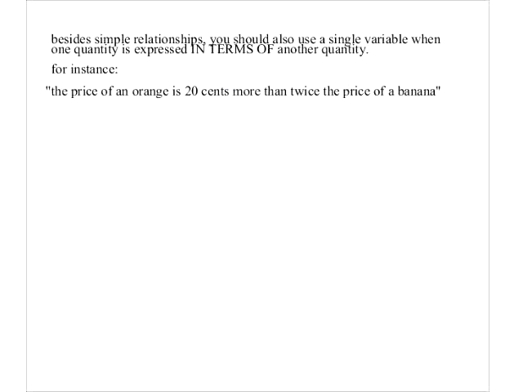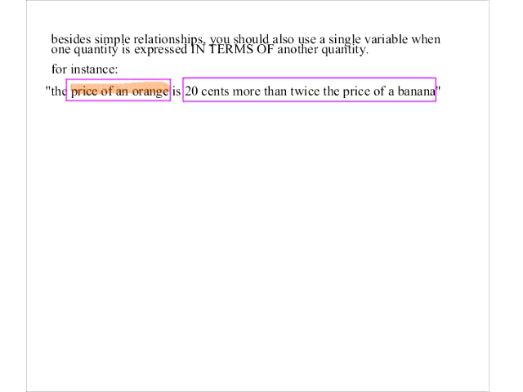So the price of an orange is one side of this equation, and the price of a banana is the other side of this equation. I'm going to introduce a little terminology that hopefully won't be that hard to understand. I'm going to call this the isolated quantity, because it's just sitting there by itself.